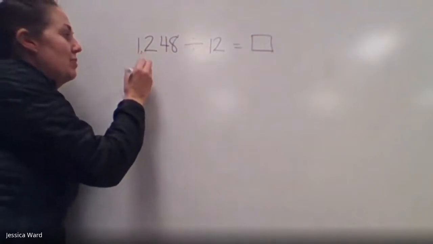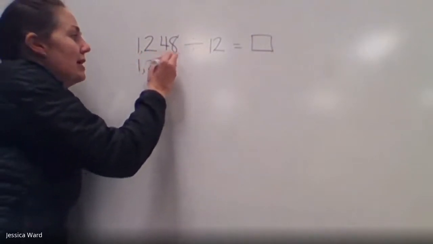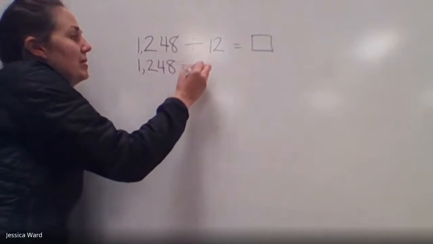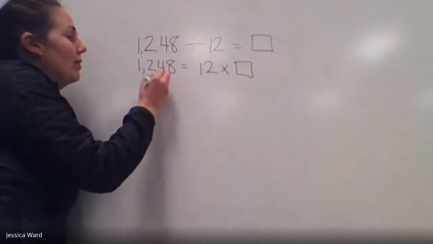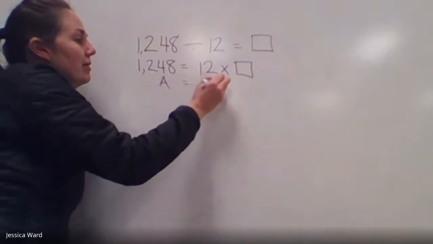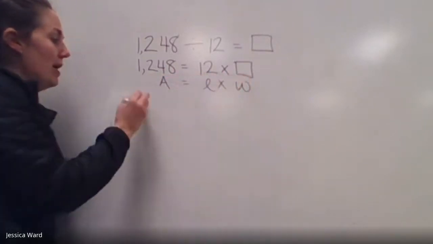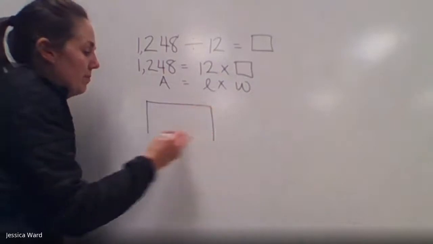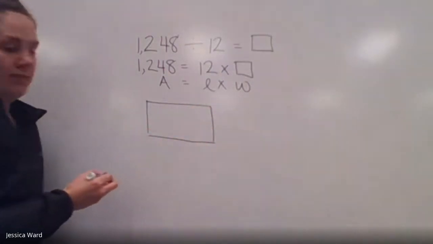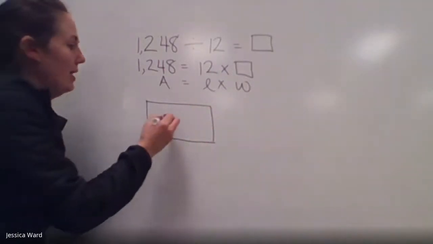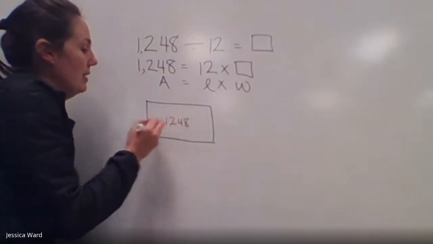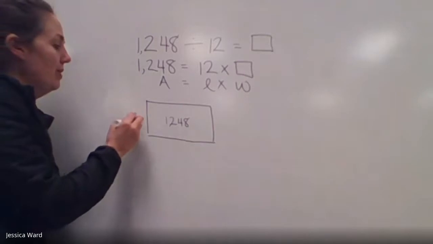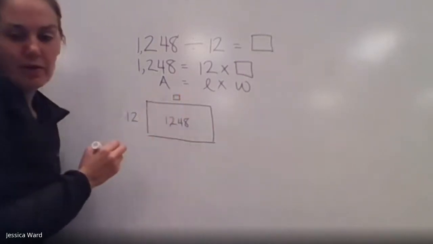We're going to think of it as 1,248 eggs is the same as 12 times how many packages, or area equals length times width. So we have our area model, and we're going to think of it as 1,248 is the same as 12 times what number?